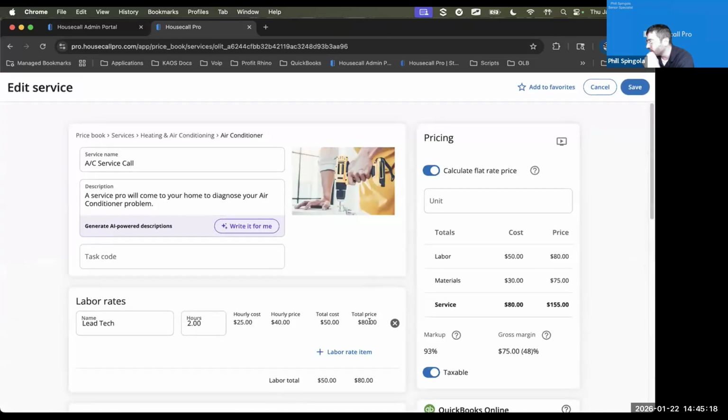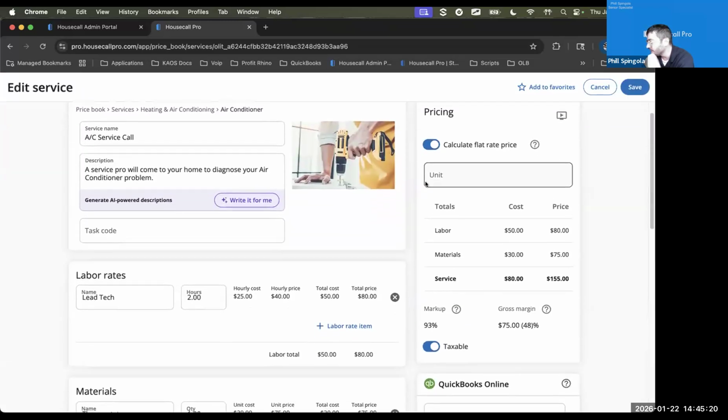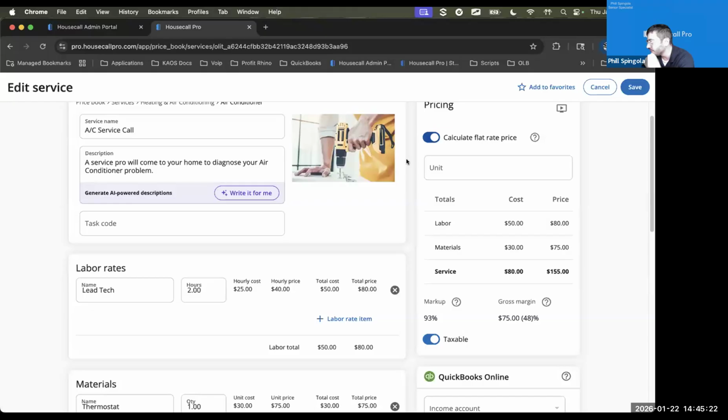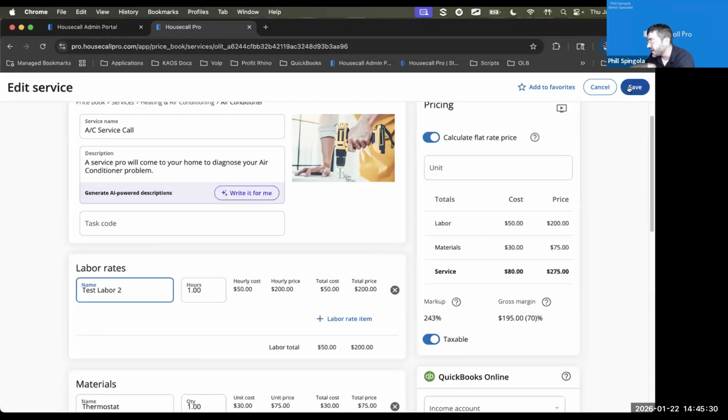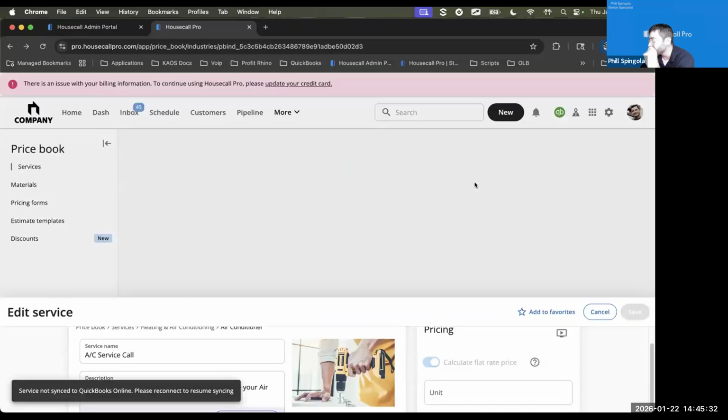Okay. So now I'm going to go in here and change the price. Maybe the quickest way would be... Okay, so yeah, now that's more expensive. So now I'm going to save it.